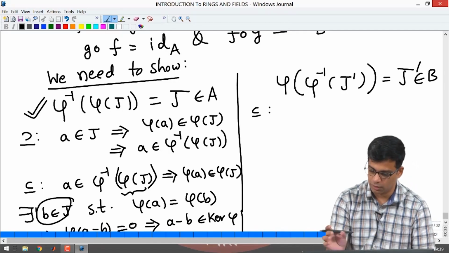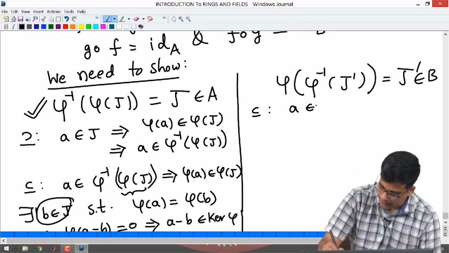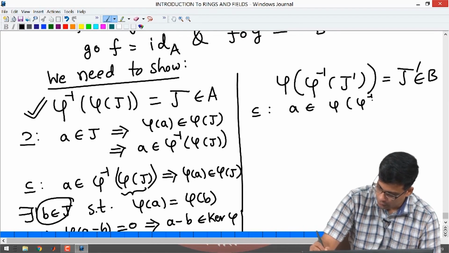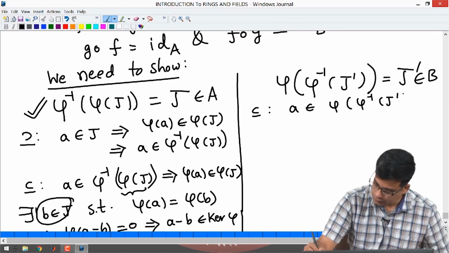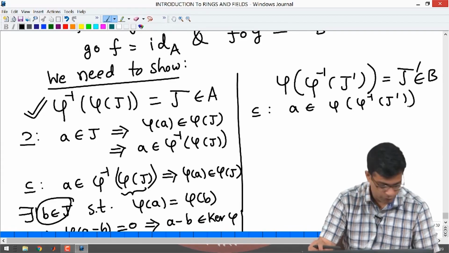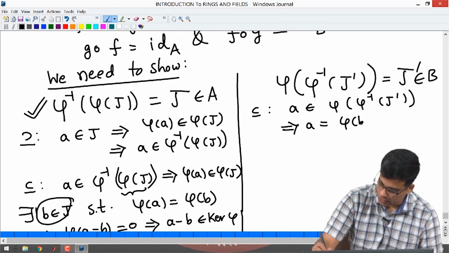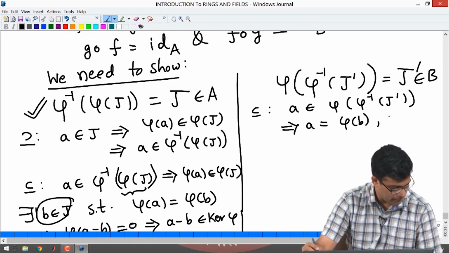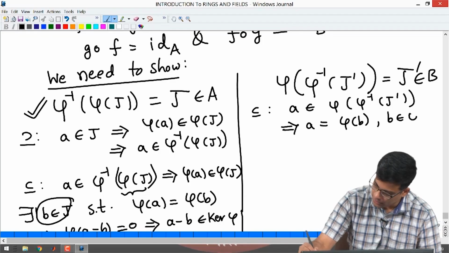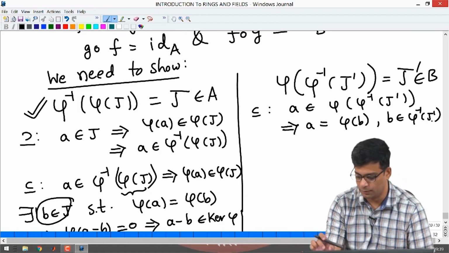To prove the inclusion of the left hand side in the right hand side, let us take A in phi of phi inverse j prime. So, A is in phi of phi inverse j prime, that means A is equal to phi of B for some B in phi inverse j prime, right, that is the definition of being in the image of this.